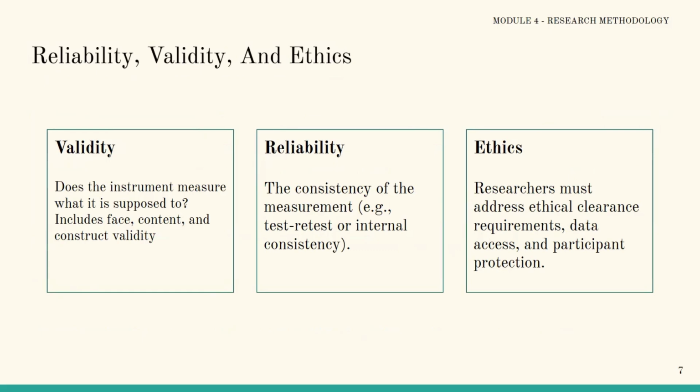So we need to ask the question, does the instrument we are selecting measure what it's supposed to measure? And reliability is another thing, the consistency of the measurement, the methodology. And finally, the ethics. So researchers must address ethical clearance requirements, data access, and participant protection.